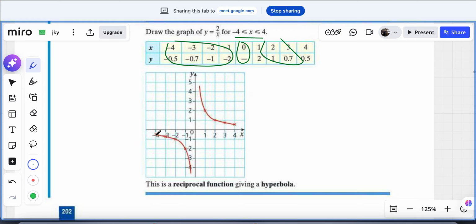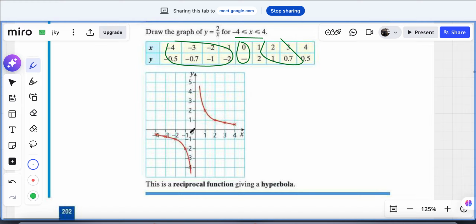Now you trace negative 4 on x to negative 0.5 on y, down here. Then negative 3 to negative 0.7 here. Negative 2 to negative 1 here. Put the point there.